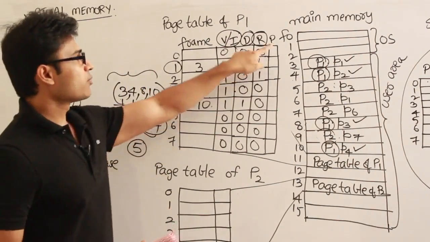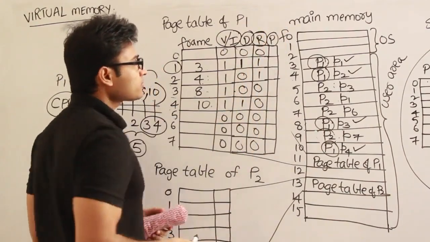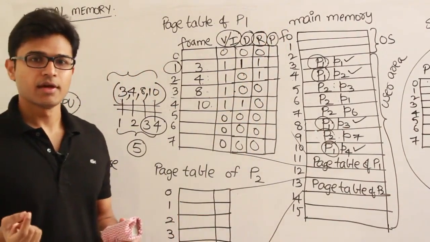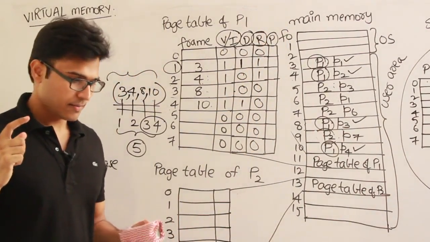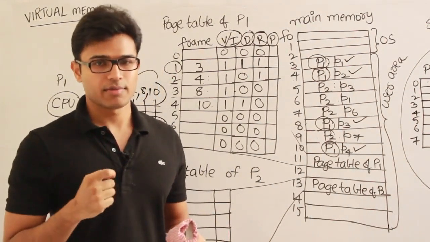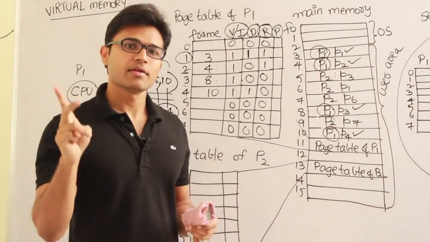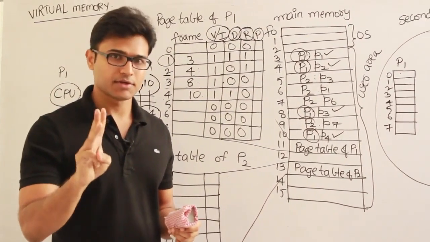And the last one is the protection bit. P bit means protection bit. What does the protection bit indicate? Whether you have rights to do some kind of access. Sometimes what happens is, I told you there are 3 kinds of sections. One is the data section, another is the code section, and another is the stack section.